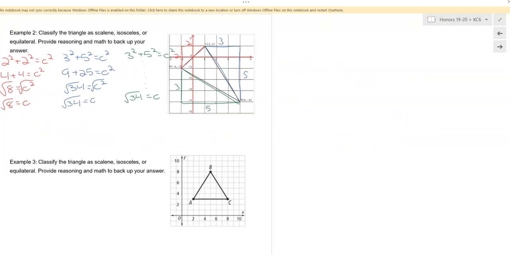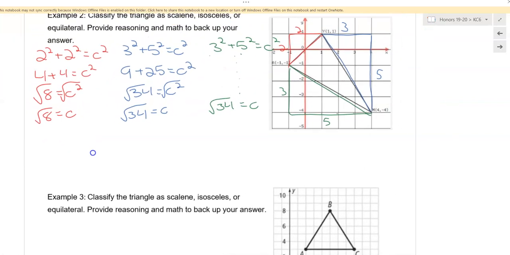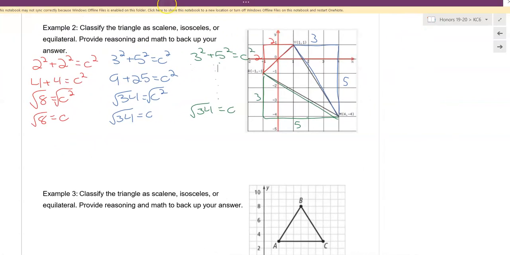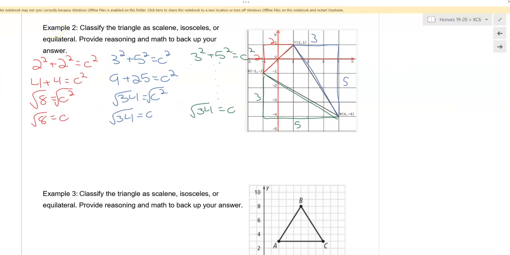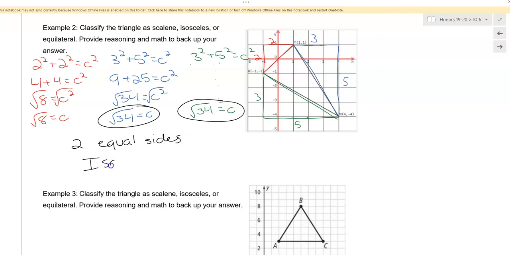Where if you have the same two numbers, you don't have to do your whole Pythagorean theorem again. Okay. So now this has two equal sides, and that makes it isosceles.